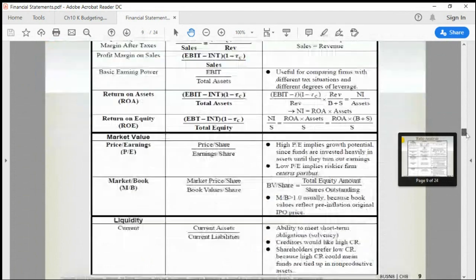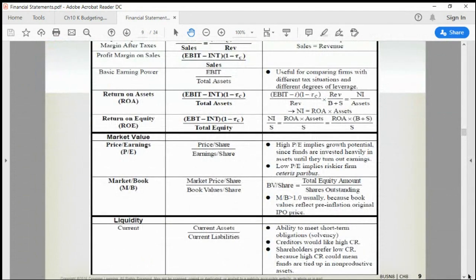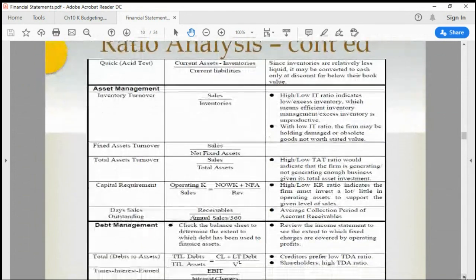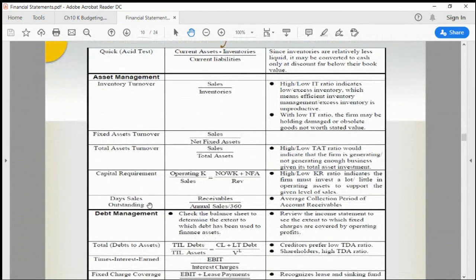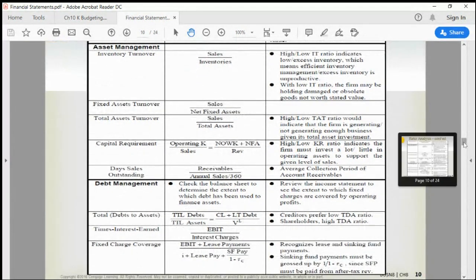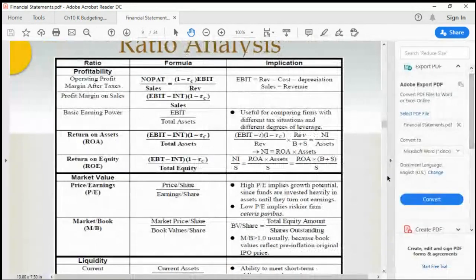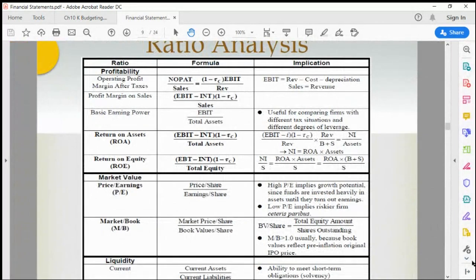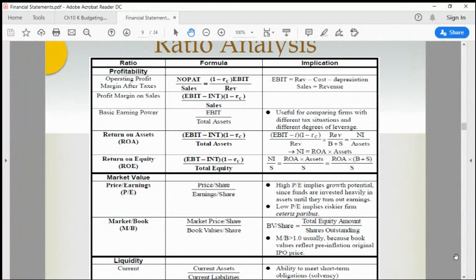So liquidity category, right? And then the third category is asset management category, right? And the fourth category of ratios is the debt management. And then the fifth category will be the market valuation, right?